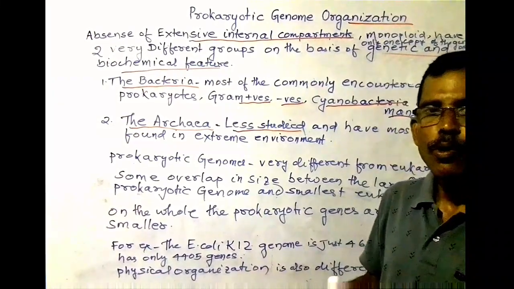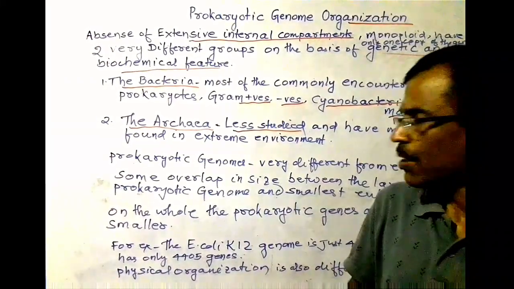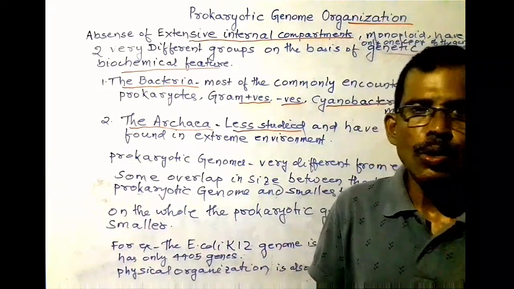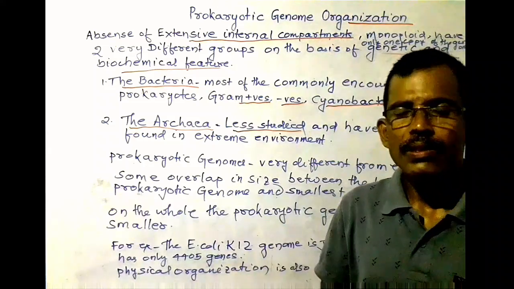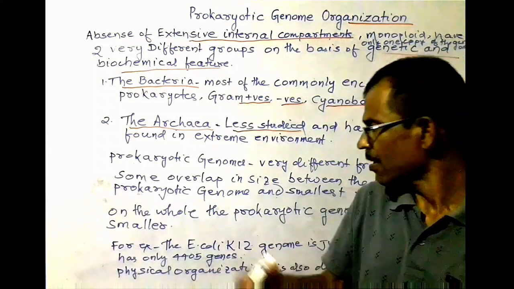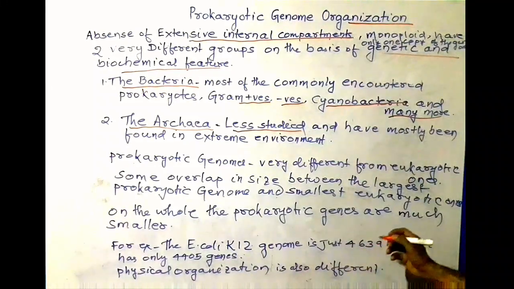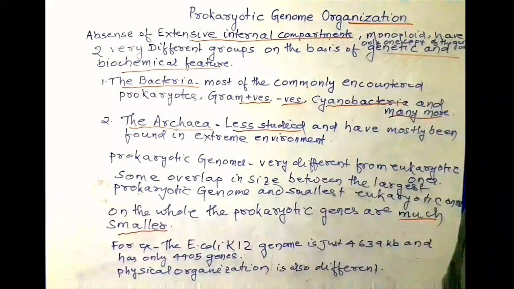The genomes of prokaryotes are very different from eukaryotic genomes. If we compare the genome of the largest prokaryote and the smallest eukaryote, there may be some overlap in size. On the whole, the prokaryotic genomes are much smaller. Take an example.